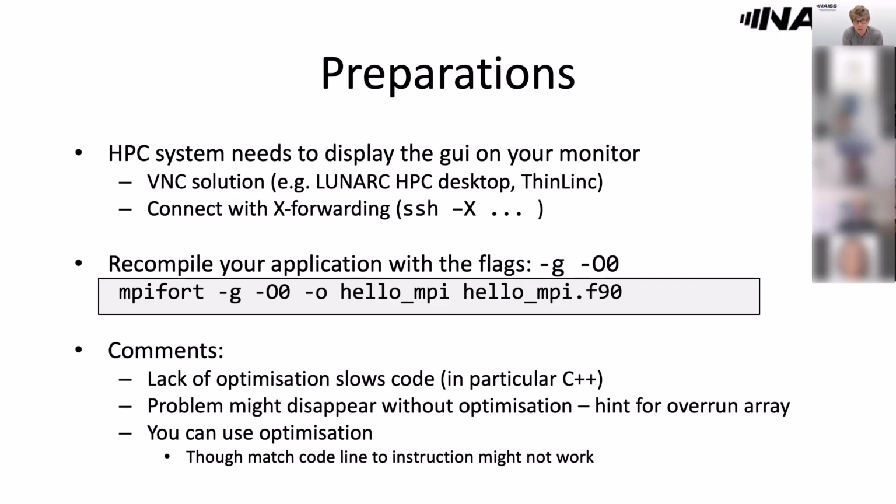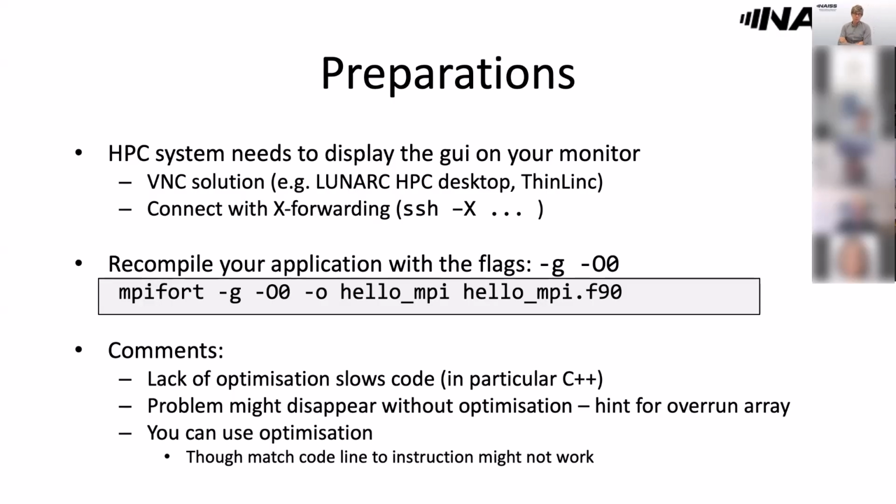It's no joy at a command line, so I would look at a VNC solution. If that fails, you might want to try something like X forwarding. But for my own work, I typically do not bother with X forwarding. I go for the VNC solutions like the one on Tetralead and do my debugging there.